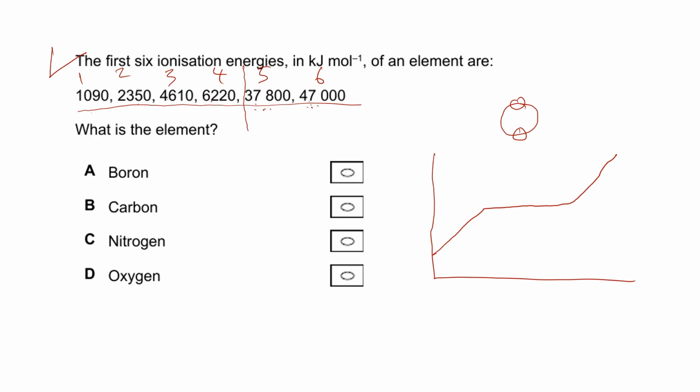So basically it means that they belong to the same shell. They belong to the same shell. 1, 2, 3, 4. So now we have this 1, 2, 3, 4. All right. So now which element conforms to this configuration? 1, 2, 3, 4, 5, 6. That is carbon. Okay, I hope that makes sense.